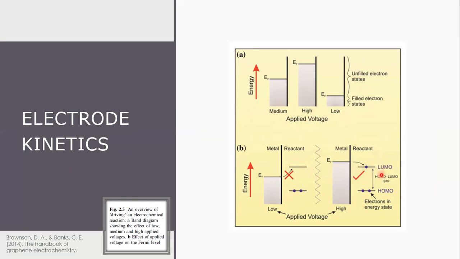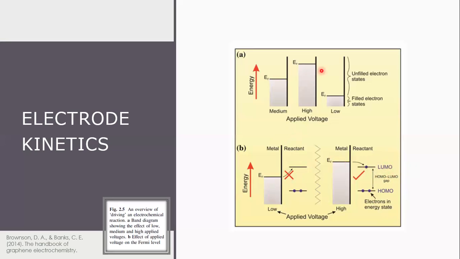So, you have got two different bands: the highest occupied molecular orbital and the lowest unoccupied molecular orbital. When your Fermi level is below the LUMO, there's no charge transfer process.